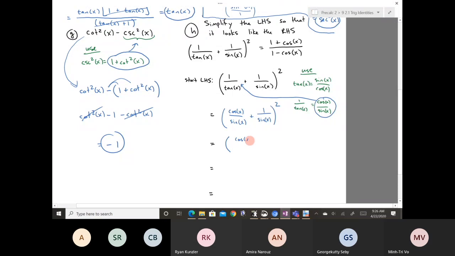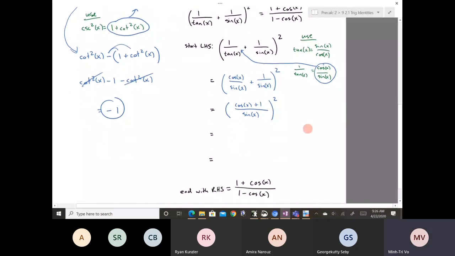Cosine plus 1 over sine, and then this whole thing squared. So I have this. And okay, so now where can I continue from here?